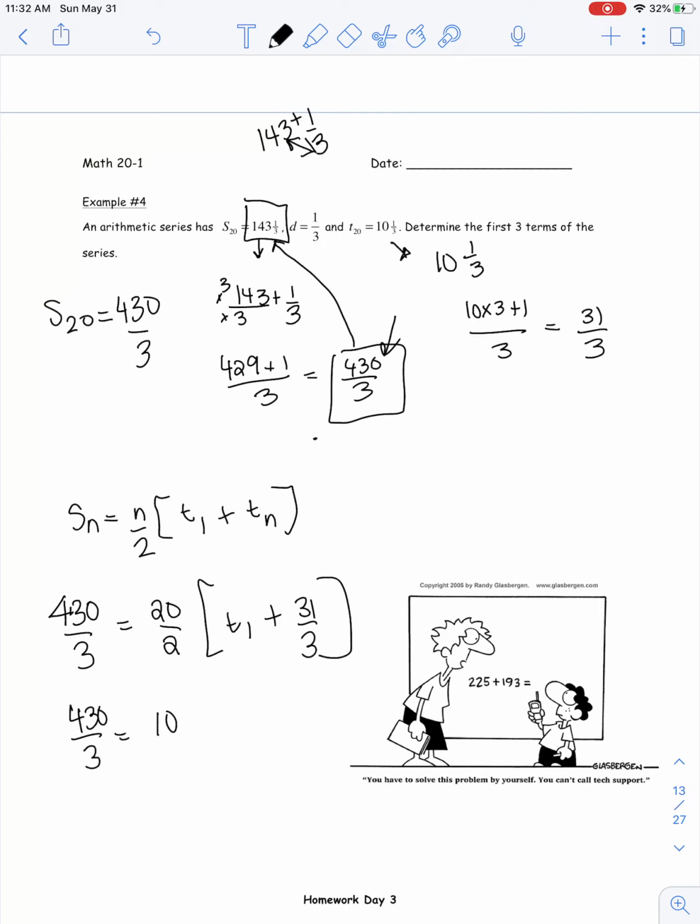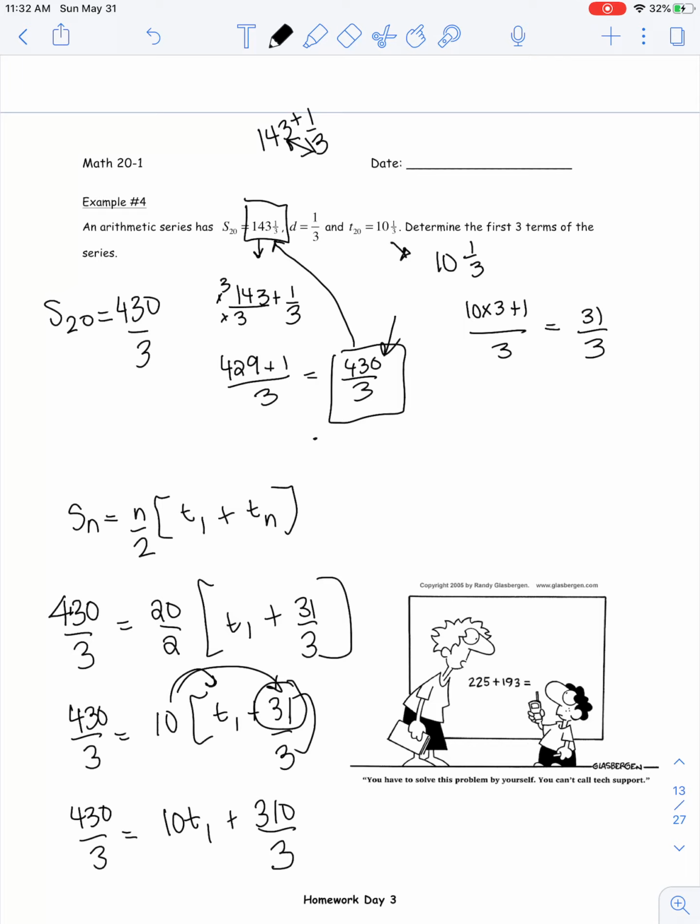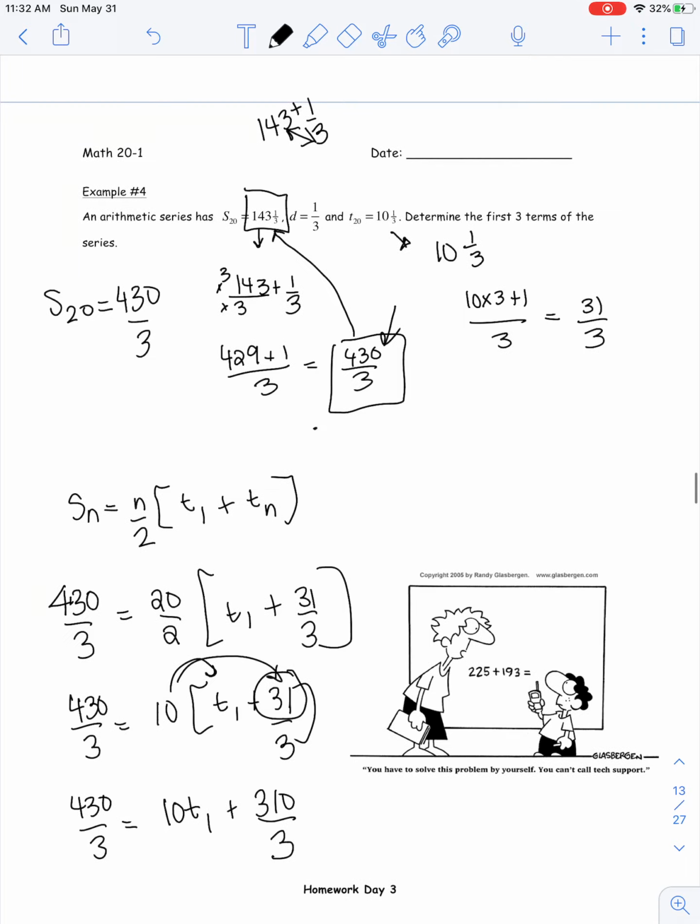So 430 over 3, we are equaling 10, and 10 is going to distribute into the brackets. So that's going to be 10t1 plus, whenever we multiply a whole number with a fraction, it only affects the numerator. So that's going to be 310 over 3.